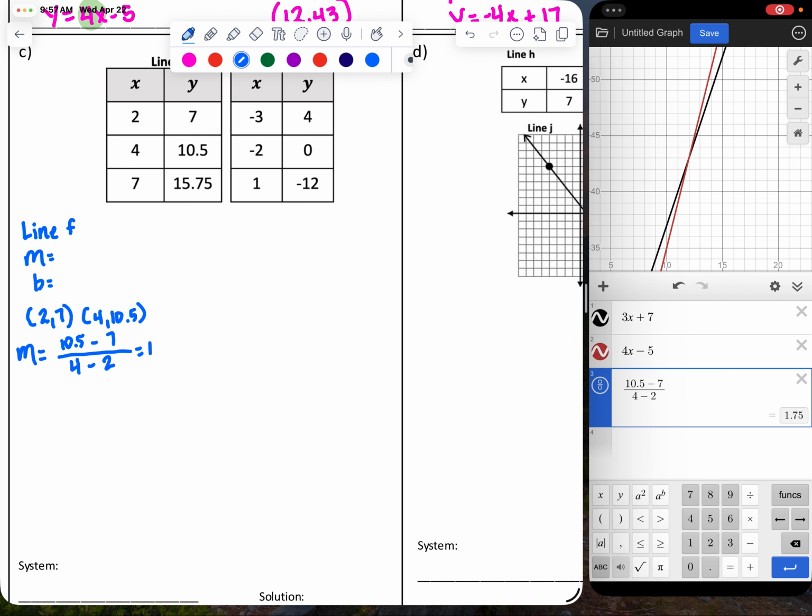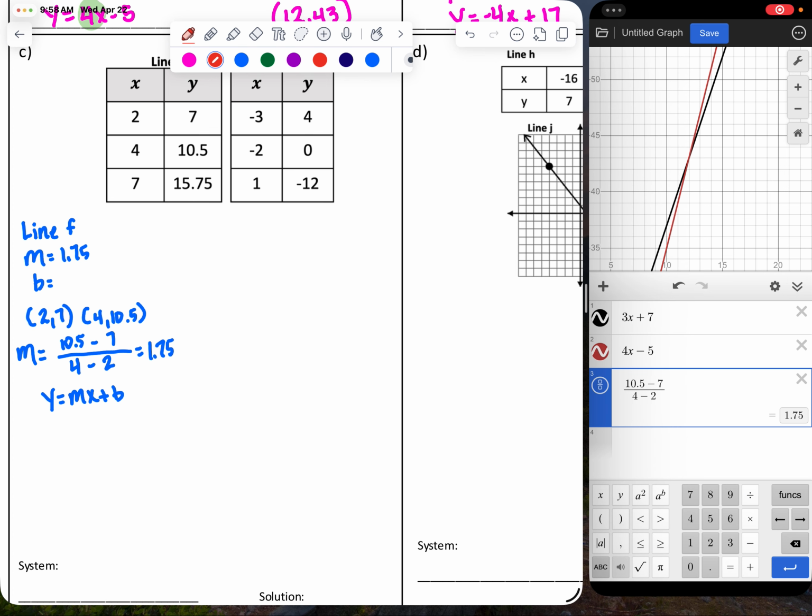Now, normally I change my slopes into fractions, but because there were decimals in my original table, I'll go ahead and use a decimal for my slope. So my slope is 1.75. Now, the next thing we have to do is find our b. So remember, if we don't know the b, we have to use this formula, y equals mx plus b, to find the b.